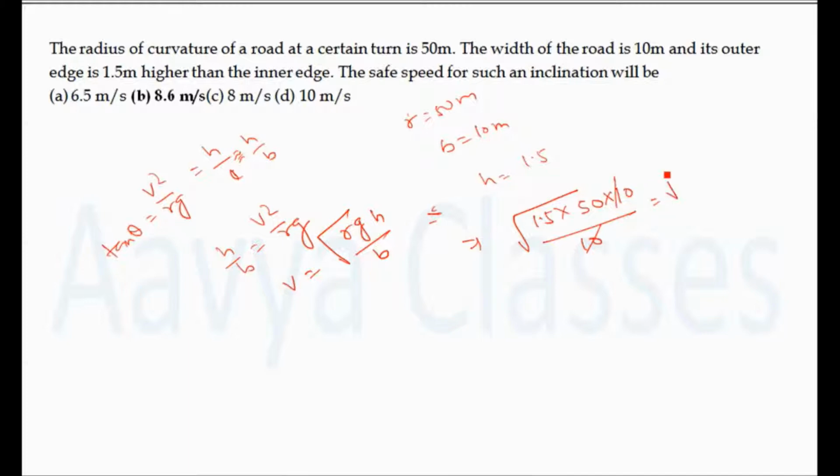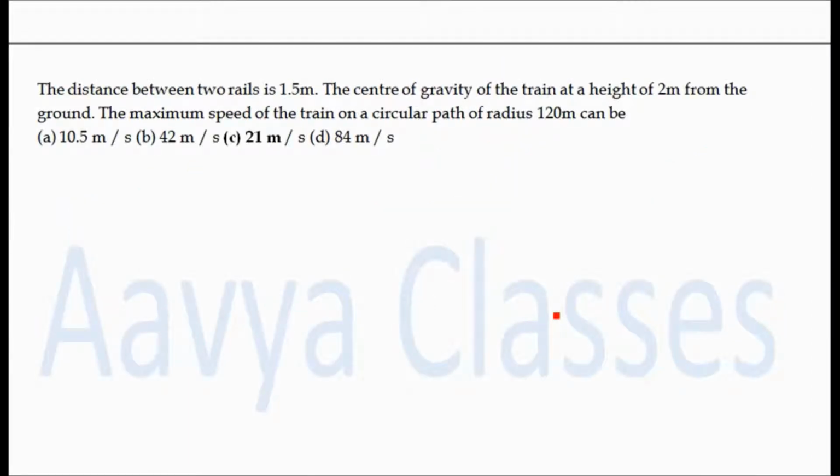So it's the square root of 75. It's something between 10 and 9, so the answer is approximately 8.6.